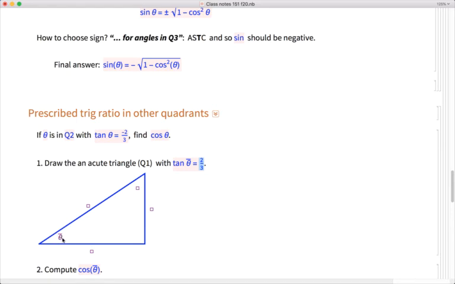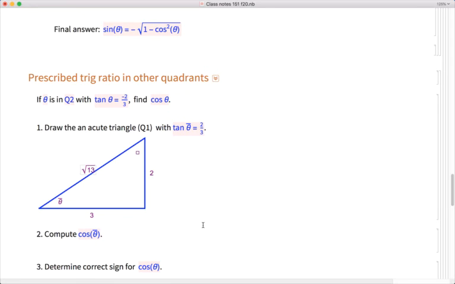And this angle will in fact be the reference angle for theta, so I'll label it as theta bar, and now we'll try to get the sides labeled correctly. So the opposite should be 2, the adjacent should be 3, and the hypotenuse, using the Pythagorean theorem, should be square root of 9 plus 4. That's square root of 13. Okay, so that's step 1.